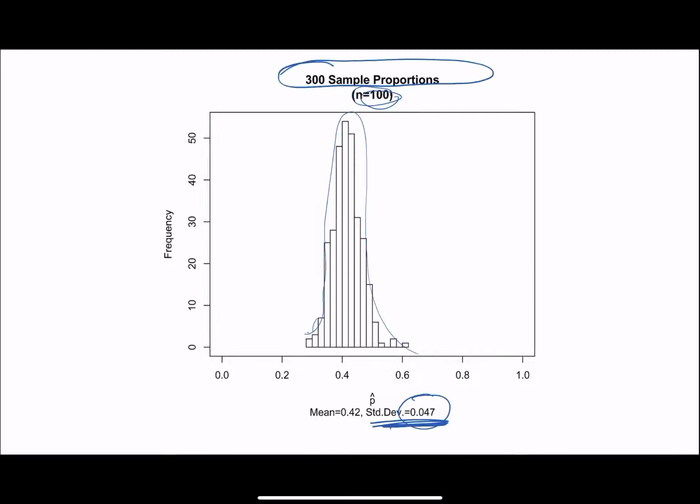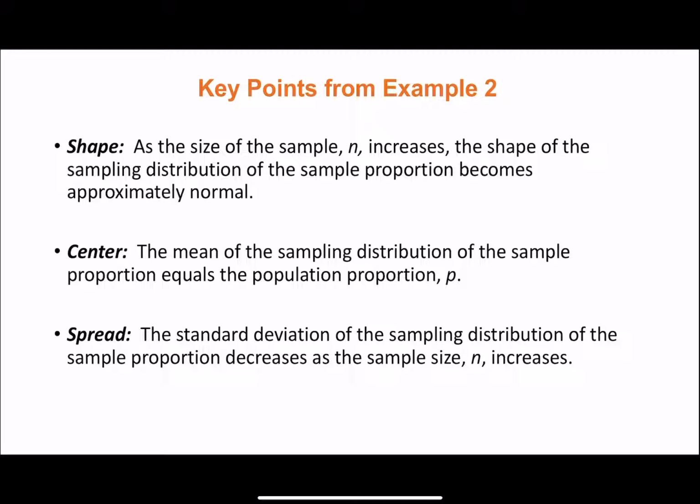So as my sample size gets bigger, as my n gets bigger, you can see that it is getting more and more normal, and my standard deviation is getting smaller and smaller. And I kind of just say that right here. As the sample size n increases, the shape of the sampling distribution of the sample proportions becomes approximately normal. The mean of the sampling distribution equals the population proportion.